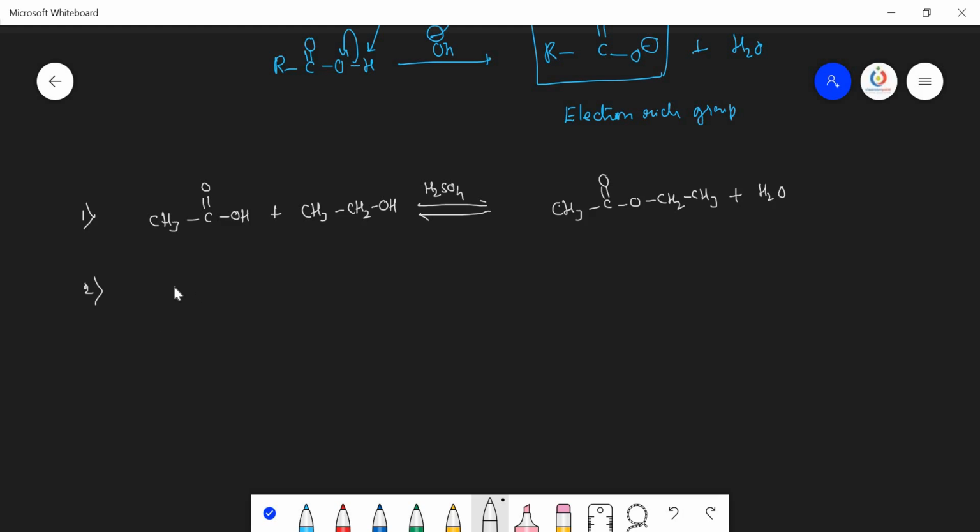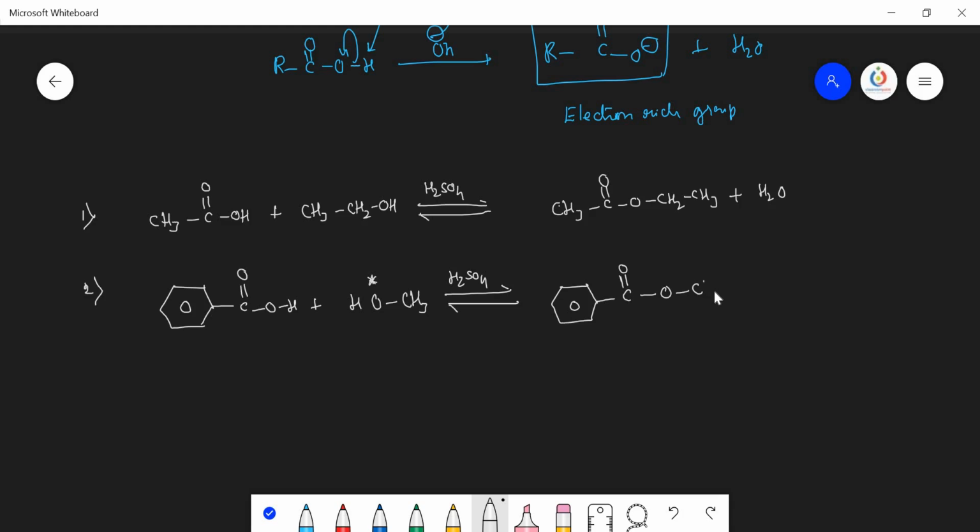Second one is, I will take benzoic acid now. This is benzoic acid plus alcohol, methyl alcohol I will take, giving the ester plus H2O.